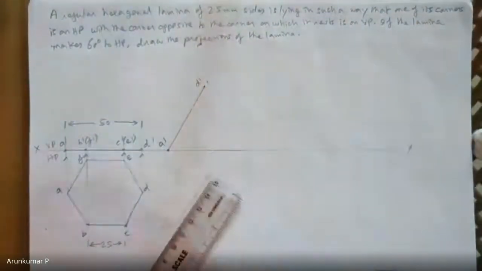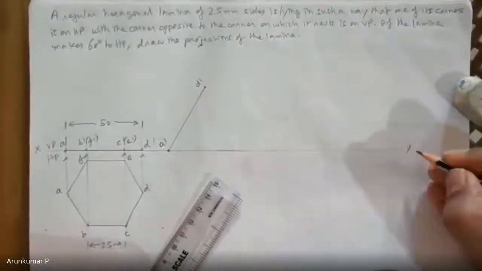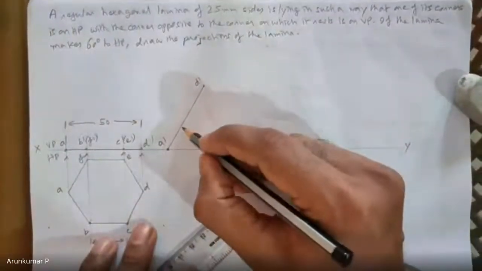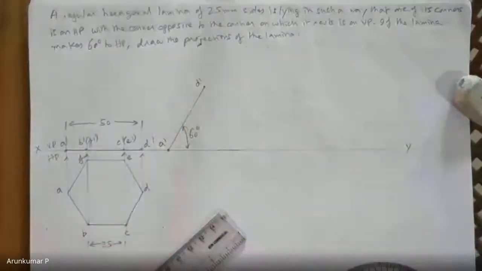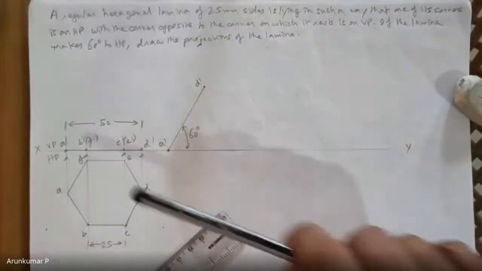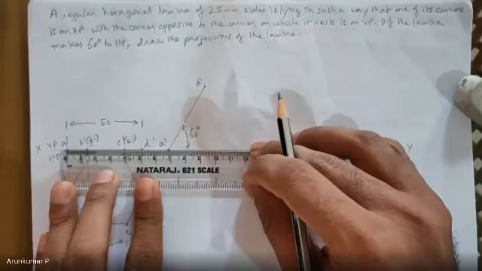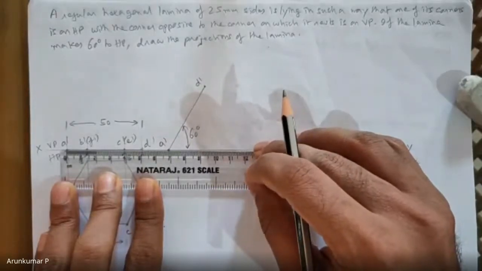So this point is D dash. The angle is 60 degrees. Don't forget to locate the other points B dash, F dash, and C dash, E dash. You can use your rounder or you can simply use the scale. Anything is fine. The distance has to be correct. So I think it is around 14 mm.